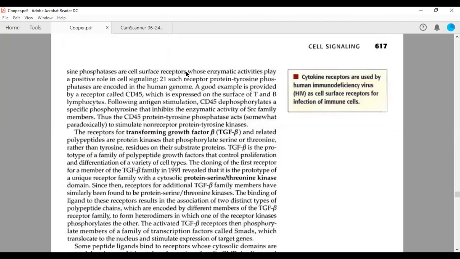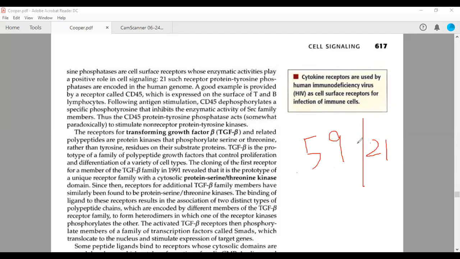There are about 59 genes encoding receptor tyrosine kinases in the human genome, versus 21 encoding phosphatases.